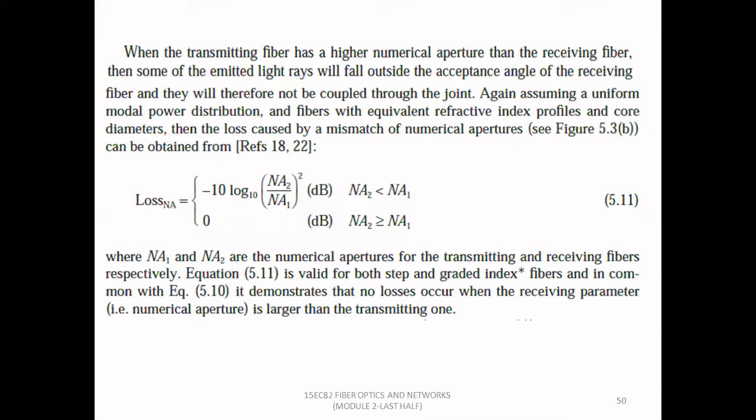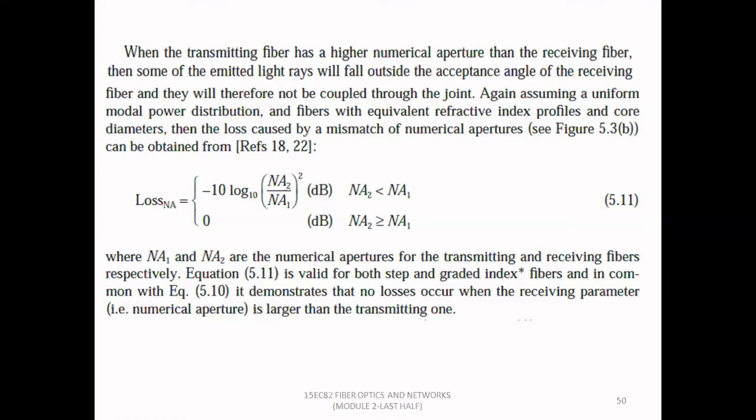Same way, when the transmitting fiber has a higher numerical aperture than the receiving fiber, then some of the emitted light rays will fall outside the acceptance angle of the receiving fiber and they will therefore not be coupled through the joint. Again, assuming a uniform modal power distribution and fibers with equivalent refractive index profiles and core diameters, the loss caused by a mismatch of numerical apertures is given by loss NA equal to minus 10 log 10 of (NA2 by NA1) the whole square in decibels, where NA2 is less than NA1, and it is 0 if NA2 is greater than or equal to NA1, where NA1 and NA2 are the numerical apertures of the transmitting and receiving fibers respectively.